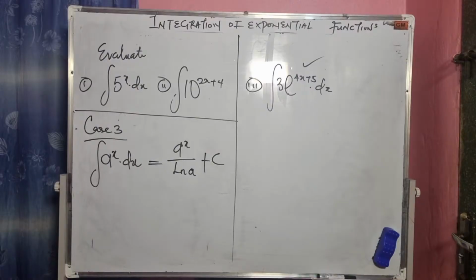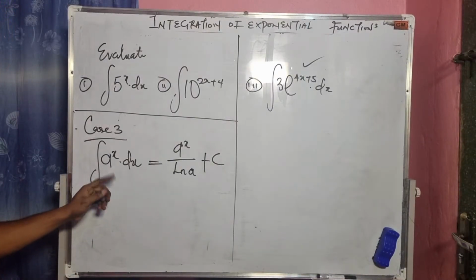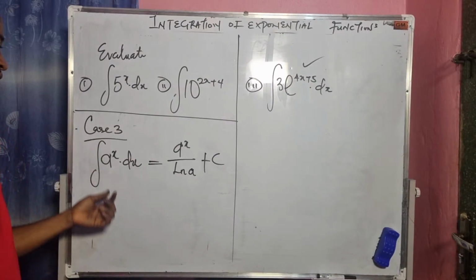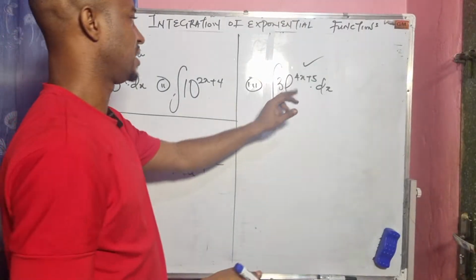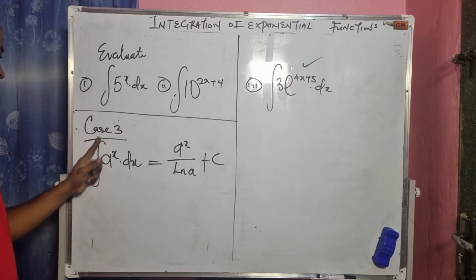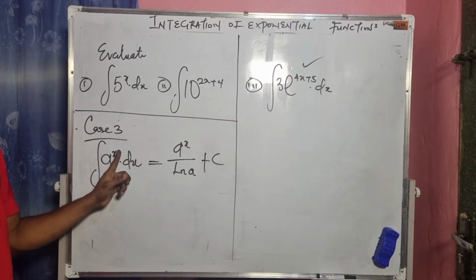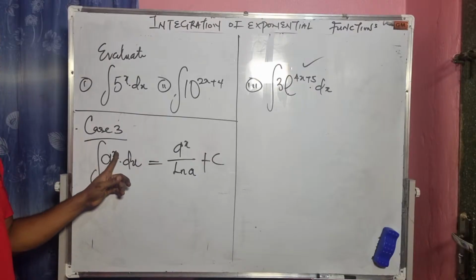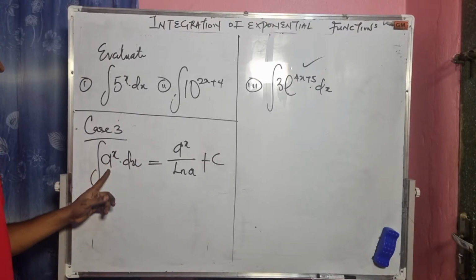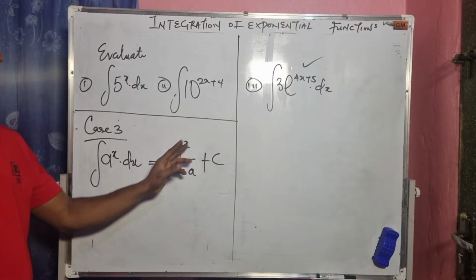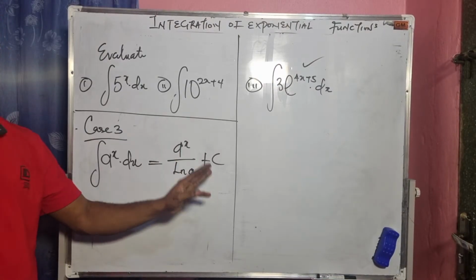Please take note of this. When I say exponential here, it does not mean e to the power. The integral of a to the power of x, where x is the exponent, is the exponential function. Here we have a to the power of x dx equals a to the power of x divided by ln a plus c.